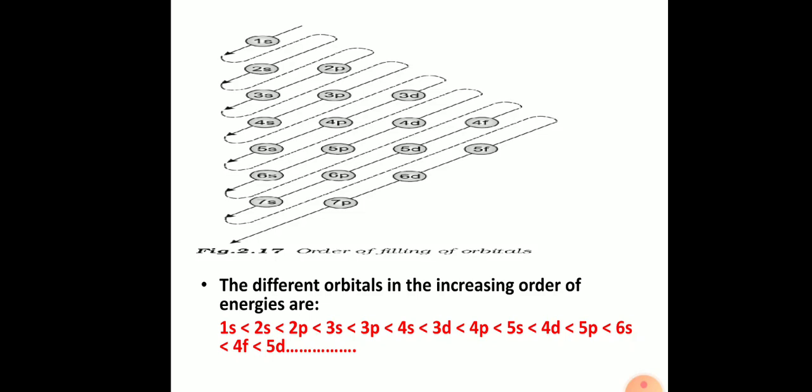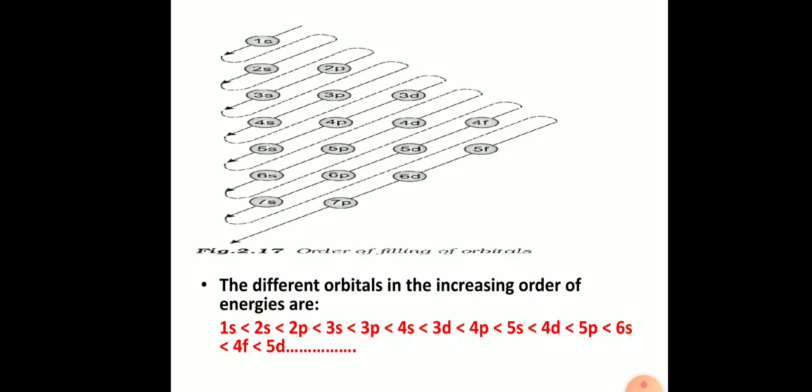Now to remember how the electrons are filled in their orbitals in increasing order of energies, what you need to do is draw arrows from the top. When you draw an arrow from the top, first it will touch 1s, then 2s, then 2p, 3s, 3p, 4s, 3d, 4p, 5s, 4d, 5p, 6s.